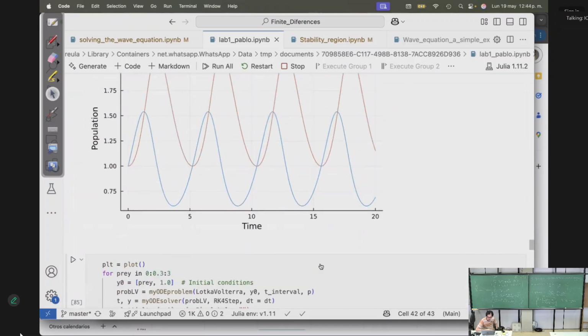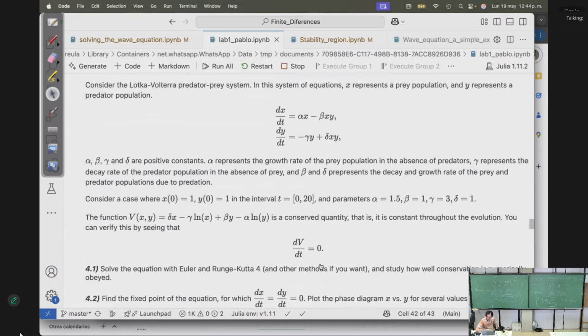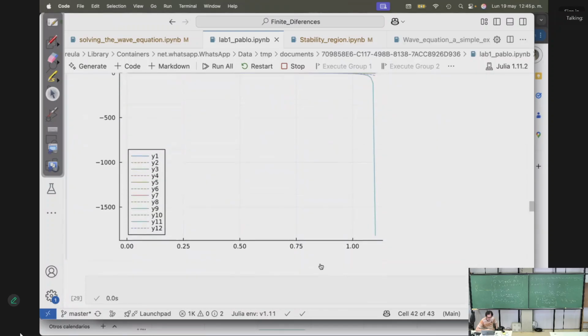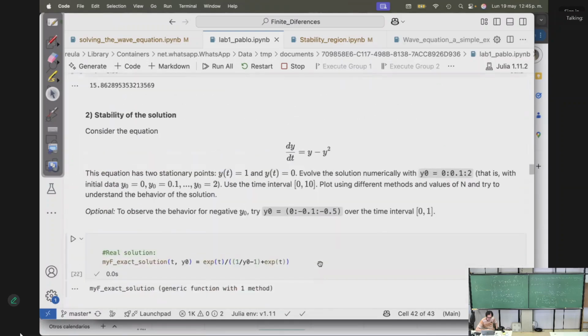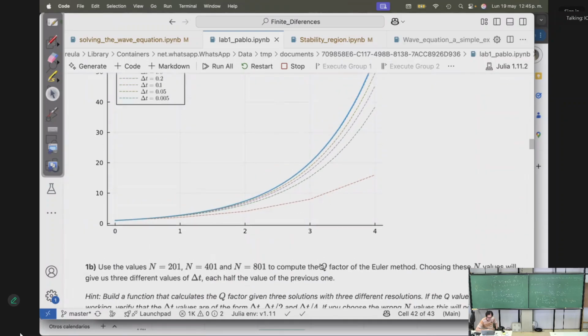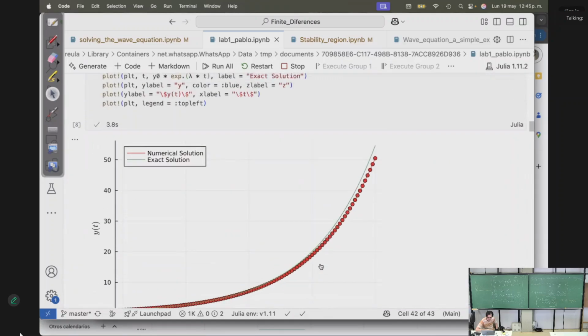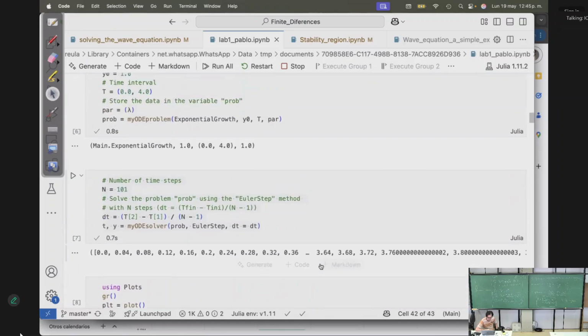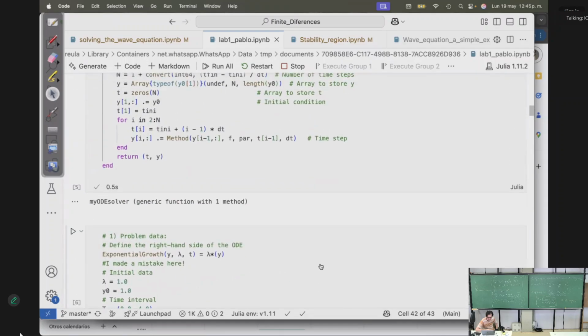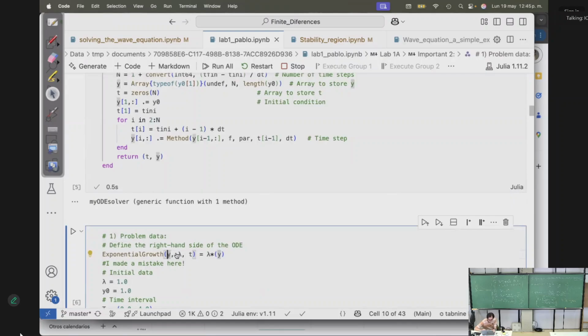Okay, so I hope this is useful for anybody who is having some issues with this notebook. I will change it and update it this afternoon, but make sure this has the correct order of the parameters. It should be y, lambda, t, not y, t, lambda.